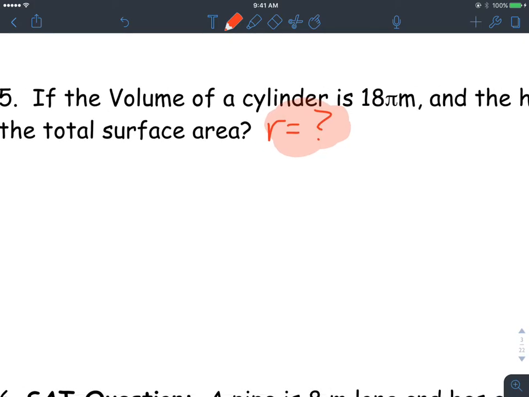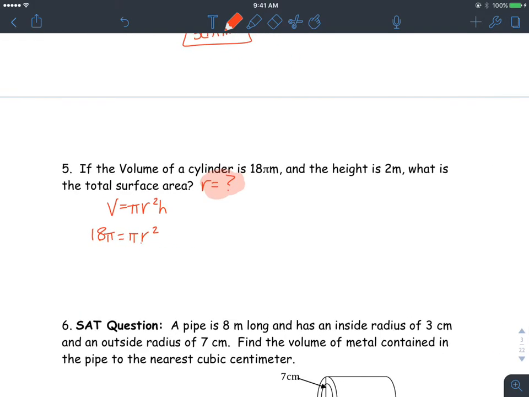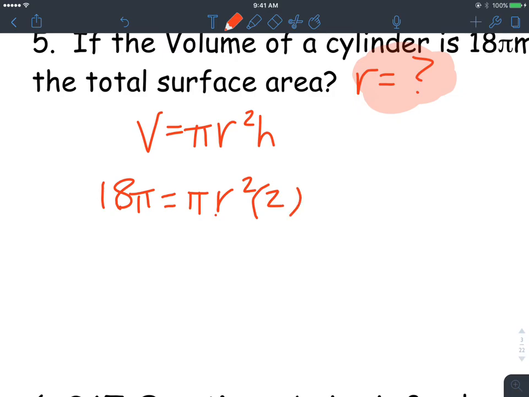So we're going to take the volume formula. We're going to say volume equals pi r squared times height. And we're going to plug in what we know. We know the volume's 18 pi. On the right hand side, you've got pi. We don't know what r squared is, so we'll just leave that as r squared. But then we do know the height, and what was that? 2 meters. And that's all the stuff that we know.